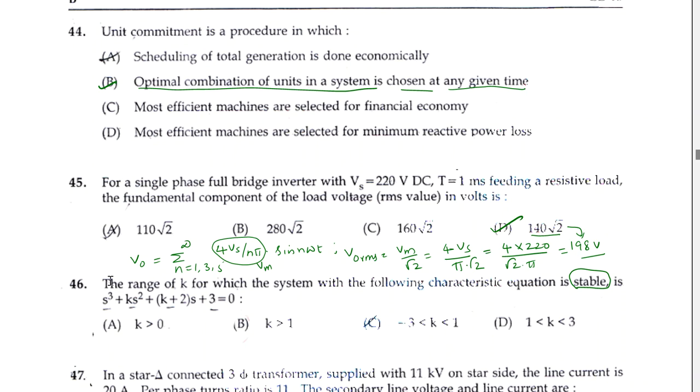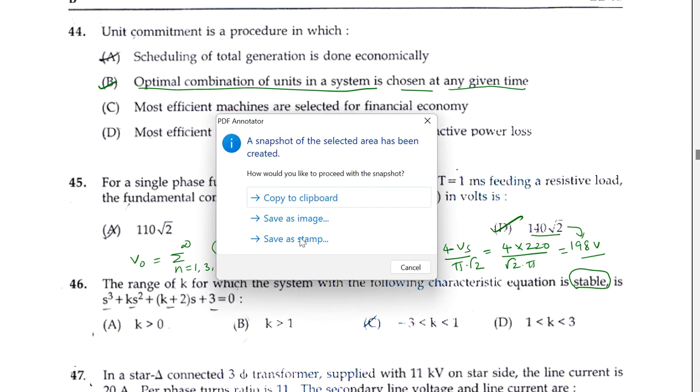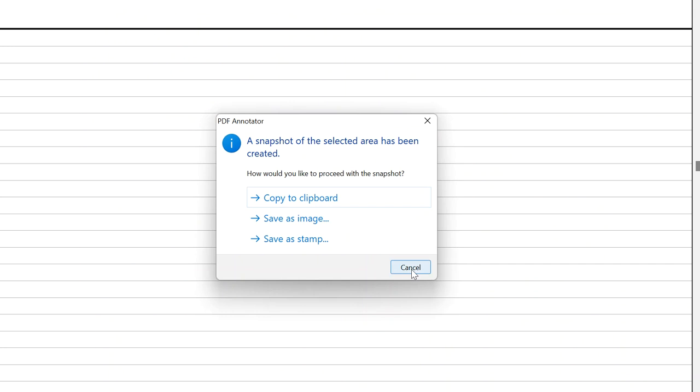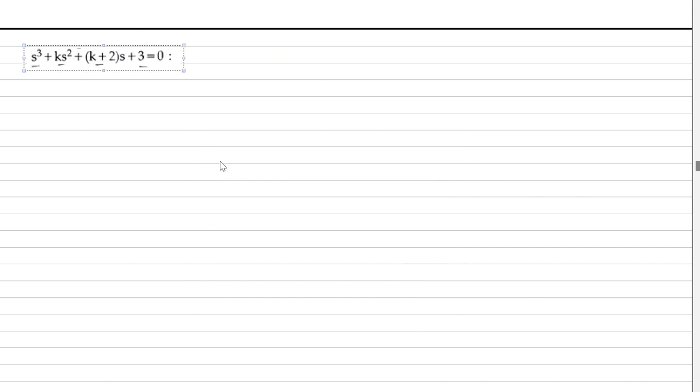So let me take the equation here, copy it and paste it here. Okay, fine. Now this is the equation here.